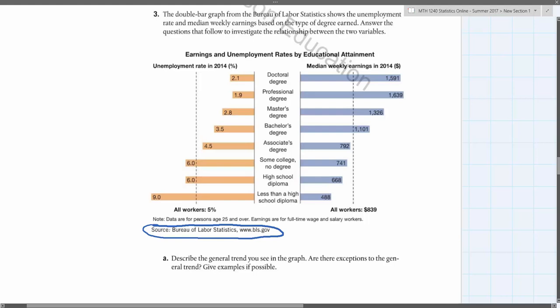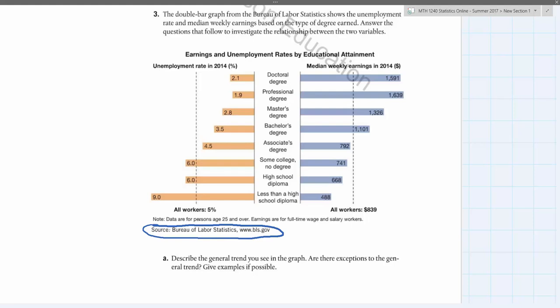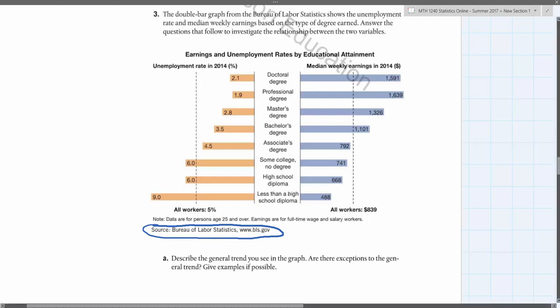So part A asks us to describe the general trend you see in the graph. Are there exceptions to the general trend? Give examples if possible. The general trend that we see is the higher the education, as I go up the education tiers here, my weekly earnings tend to go up, my median earnings.